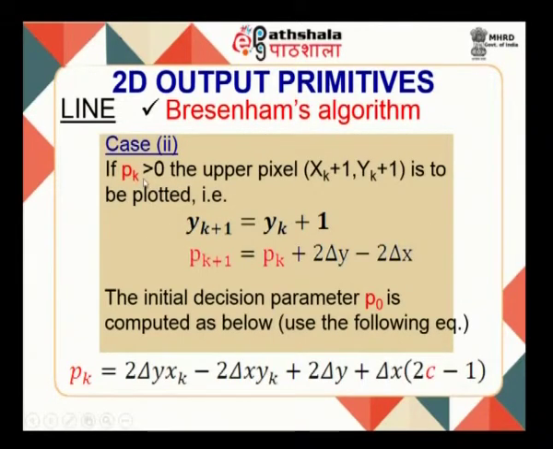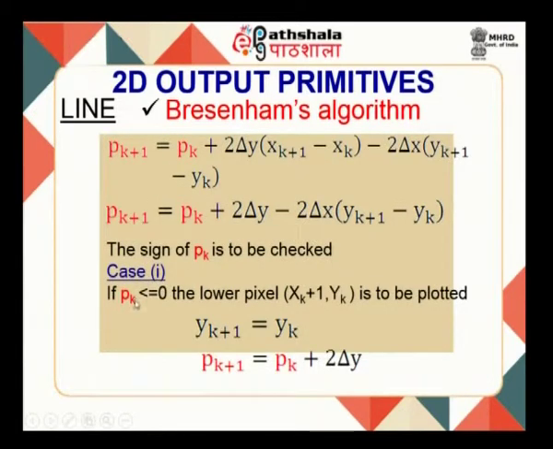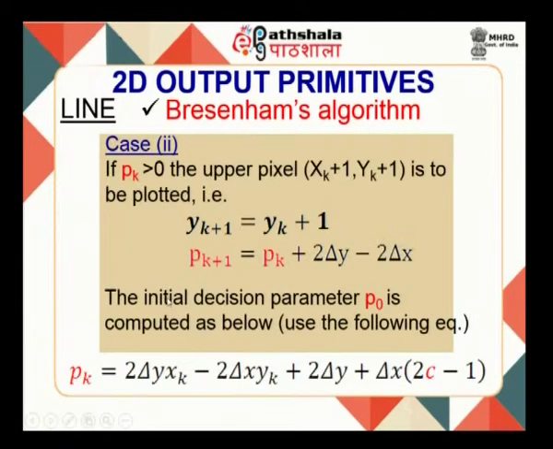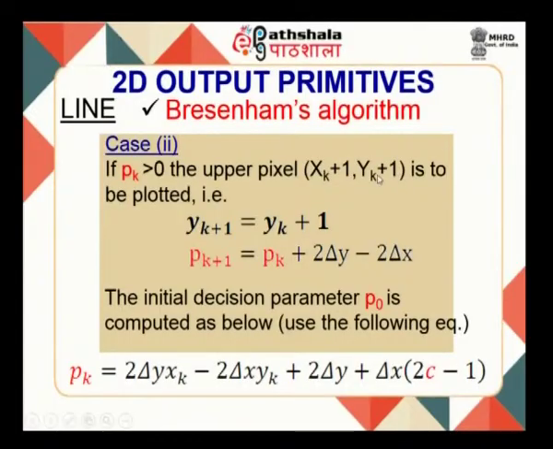Similarly, you do this for the pk greater than 0 case. In the previous case, we took the case less than or equal to 0. Now, pk greater than 0, where pk means d lower minus d upper greater than 0, that means d lower is greater than d upper, so choose the upper pixel for the y. This upper pixel is the yk plus 1 position, and the next pixel to be plotted is xk plus 1 comma yk plus 1. As you see here, the next y value is nothing but the previous y value plus 1.